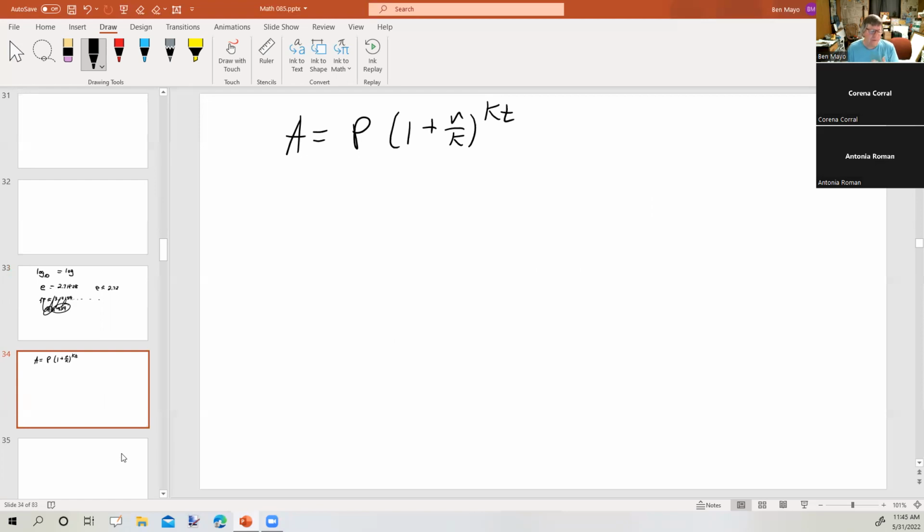If it's once a year, annually, k is 1. Semi-annually, k is 2. Quarterly, k is 4. Monthly, k is 12. Daily, k is 365. What if k is just continuously growing? Well, then we approach the number e, which again is approximately 2.7.